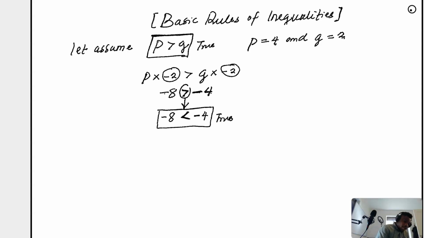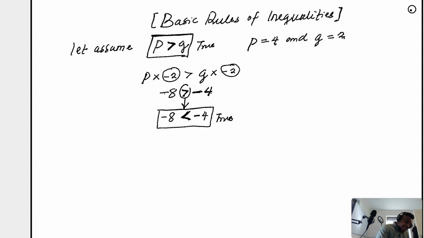So when you multiply both sides of an inequality by a negative value, the sign of the inequality changes. You can see the sign changes.